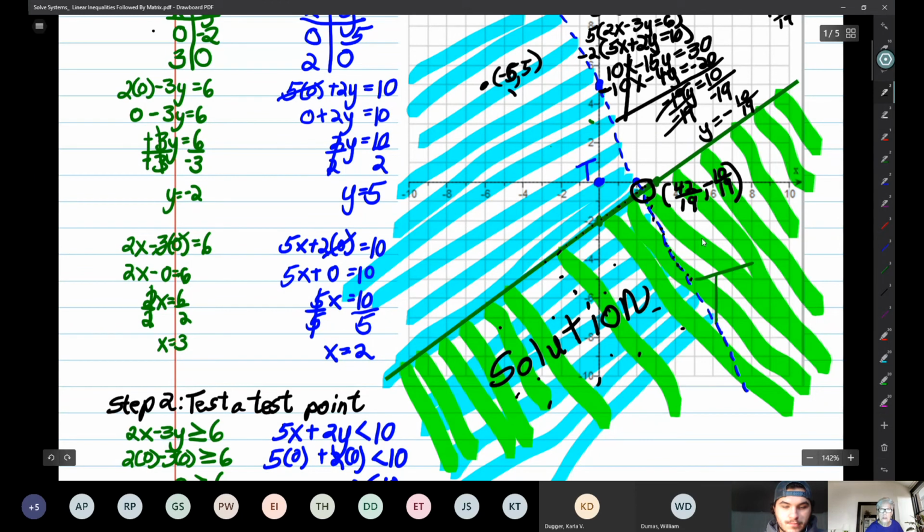And -6 would go in for the X, and 5 would go in for the Y. So it's just for the test point, it's any number that doesn't fall on the line we just made. Thank you. Yes, the test point has to not be on a line. Okay, that makes sense.